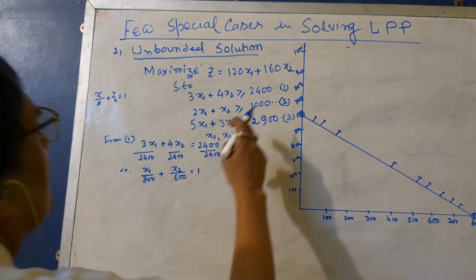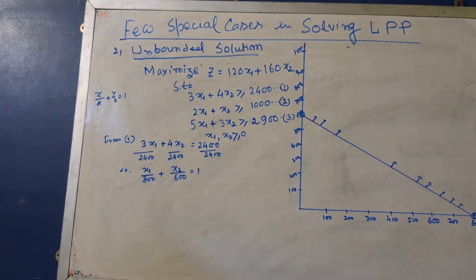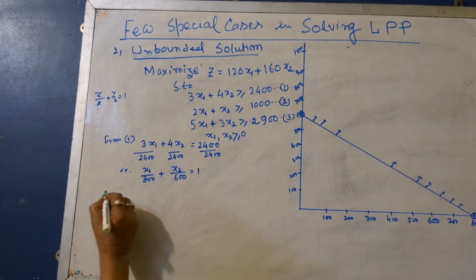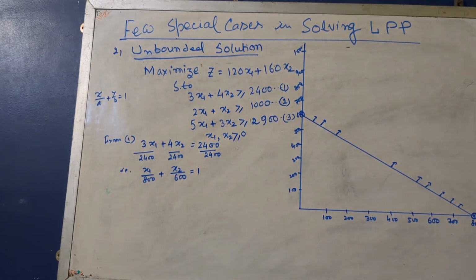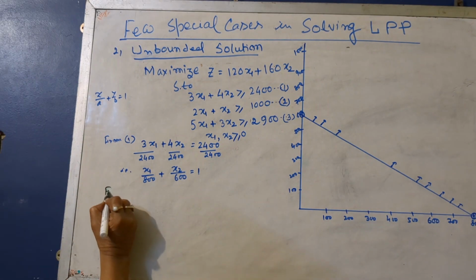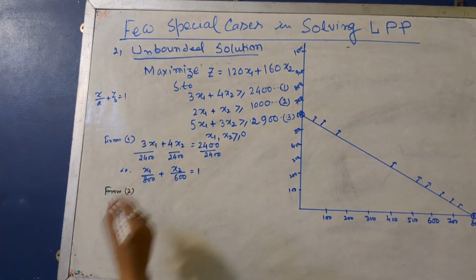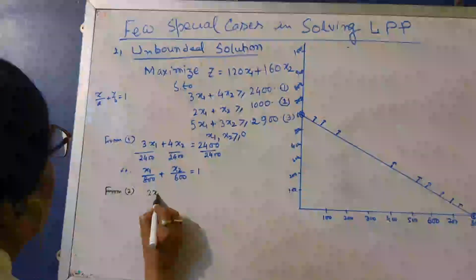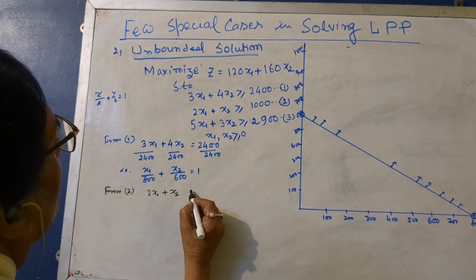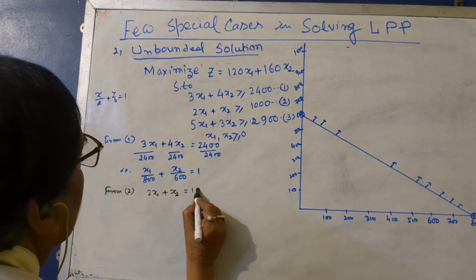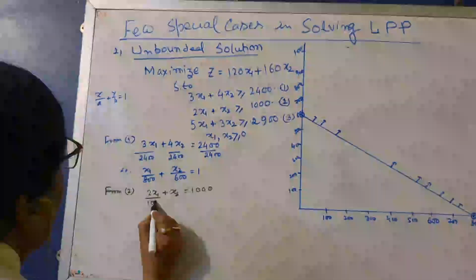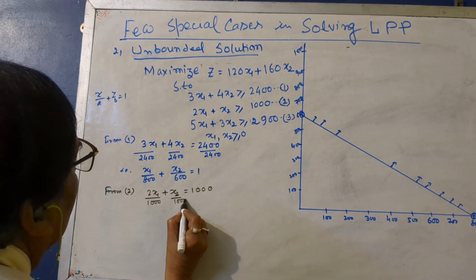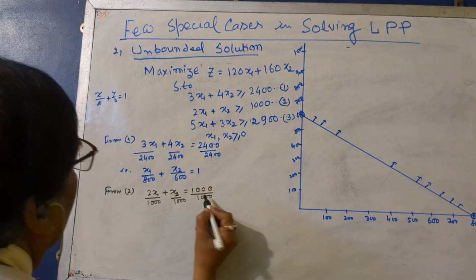Now I am taking the second one in a different color to be better. From 2, the equation is 2x1 plus x2 is equal to 1000. Then divide both sides by 1000.